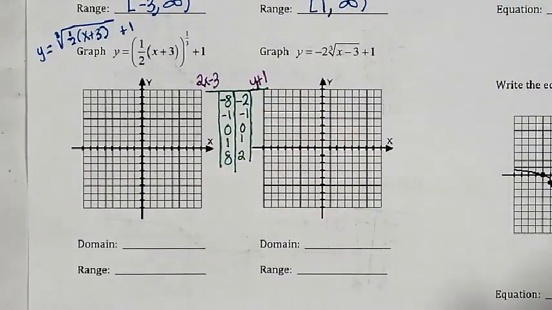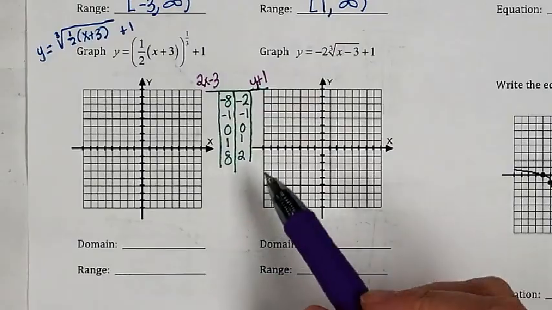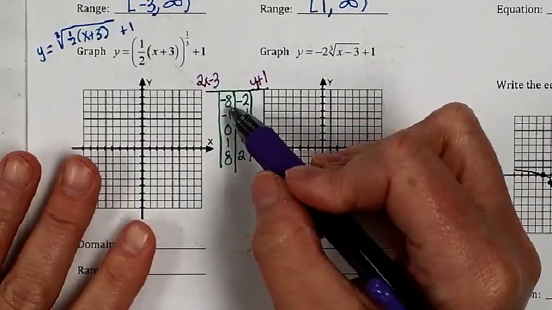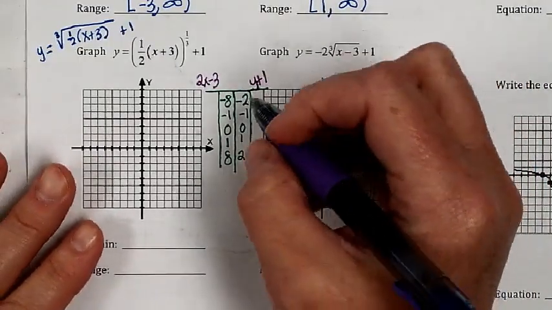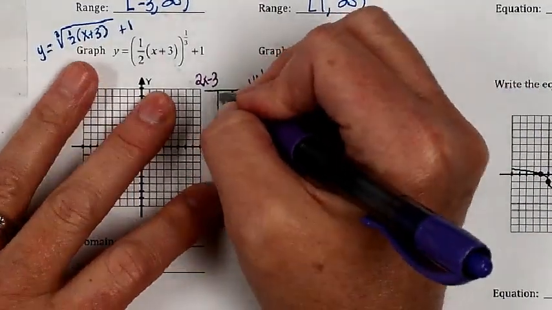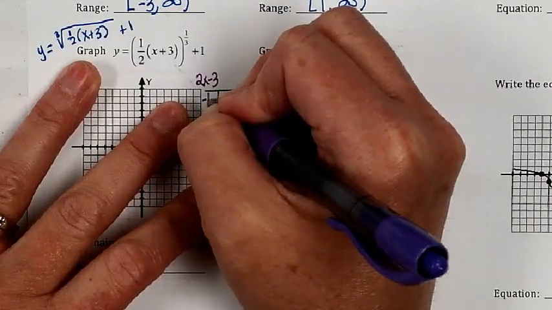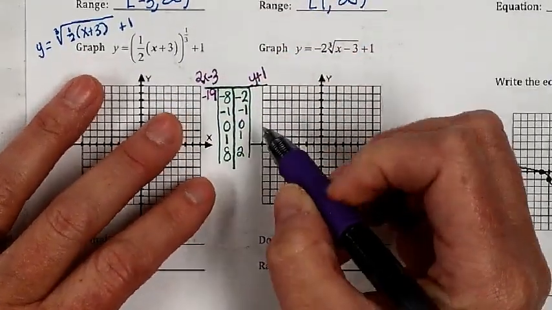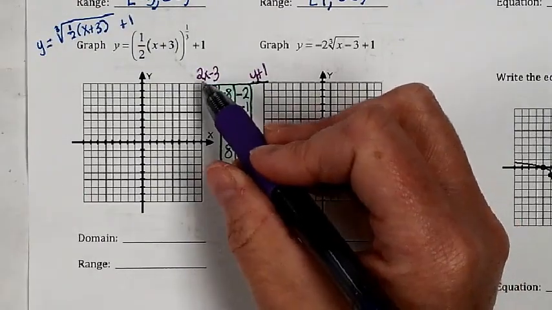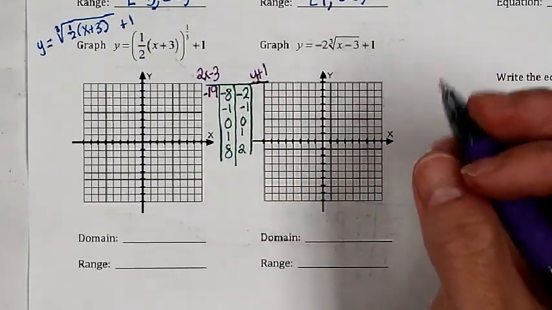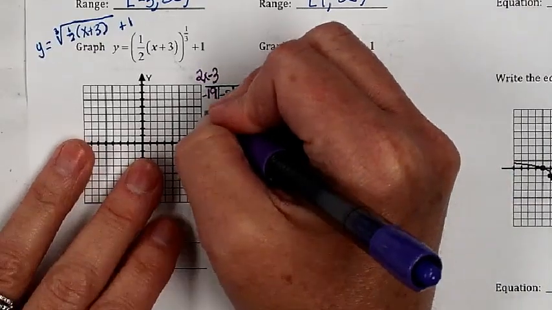Now I'm going to plug in these x values. 2 times -8, -16 minus 3 is -19. Now I'm going to plug in -1. 2 times -1 is -2 minus 3, is -5. Then 0 is -3.